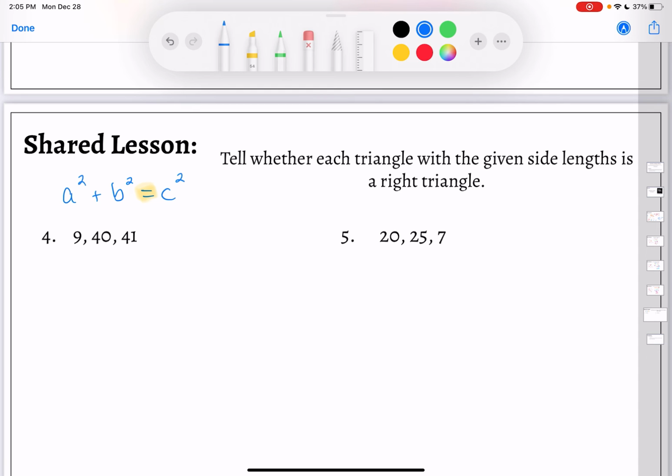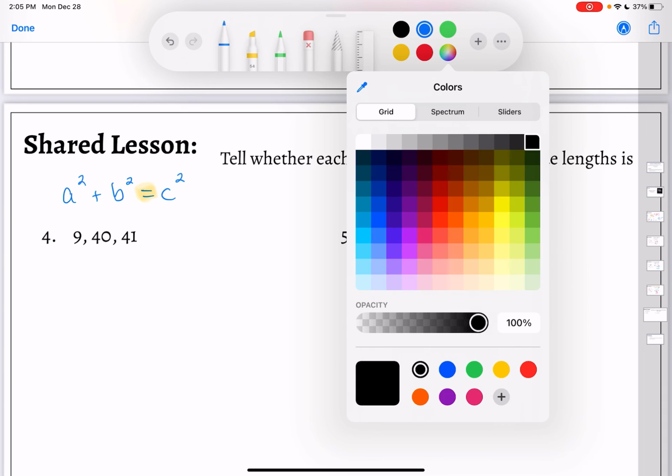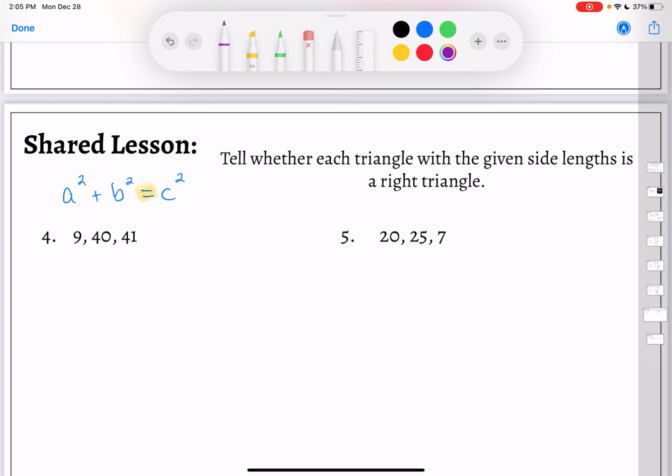So we're going to set this up, test it out, and if it equals, then it is a right triangle. And if it doesn't equal, then it's not a right triangle. The trick is to know which side is c. How do I know which one of these numbers to put by itself on the other side? Well, remember that c is the hypotenuse in a right triangle, and we said that the hypotenuse is always the longest side.